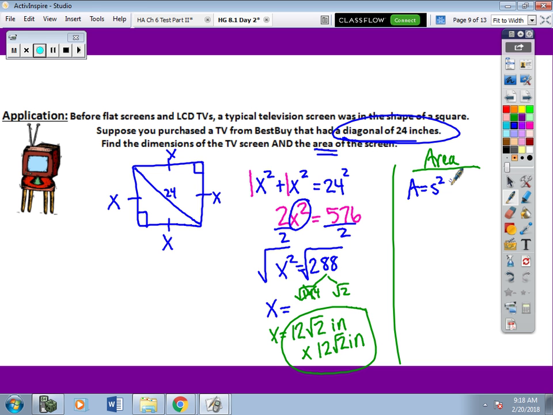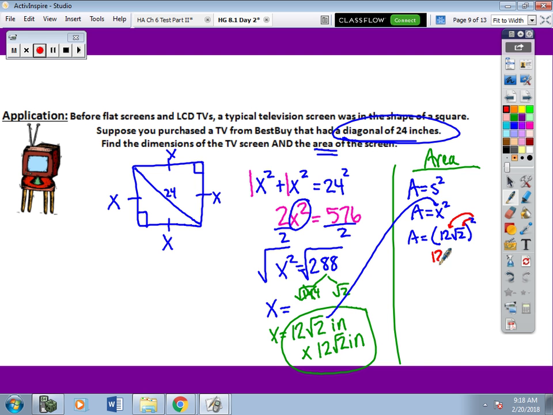So if you use length times width, you're going to get the same thing. So I'll plug in what I found for x, which was 12 root 2 squared. And if you're going to square this, you have to remember to square each of the terms. You have to square the 12 and the square root of 2.